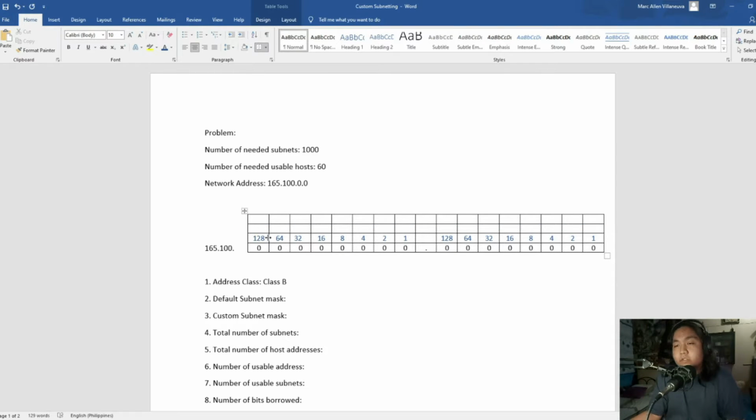Now again, from left to right, starting with 2: we have 2, 4, 8, 16, 32, 64, 128, 256, and here we need to continue.